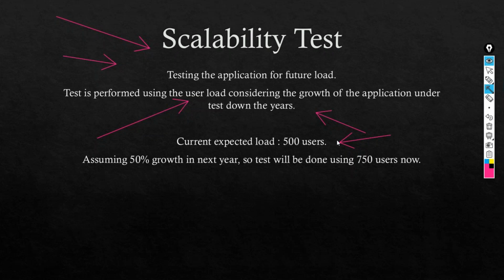Today, the expected or current load is 500 users. Now the client might assume that in the next 6 months or 1 year, the number of people accessing the application might grow by 50%. 50% of 500 is 250, and 500 plus 250 is 750. Now, considering the future growth, we will test the application with 750 users right now.